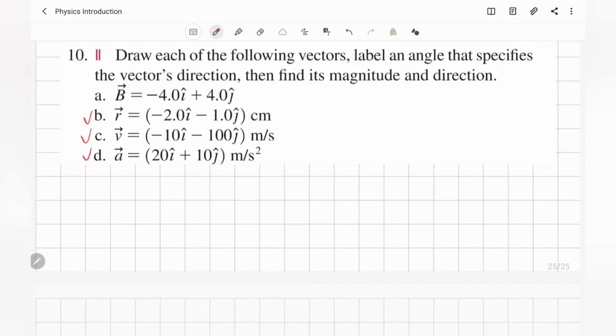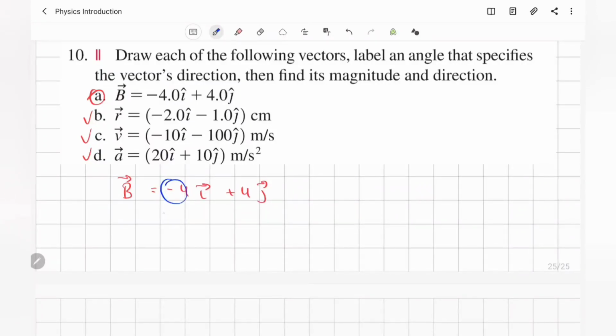So let's start. First question, A. Draw each of the following vectors, label an angle that specifies the vector's direction, then find its magnitude and direction. We have a B vector, negative 4i plus positive 4j.